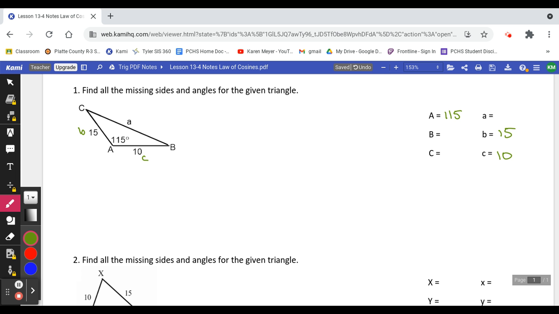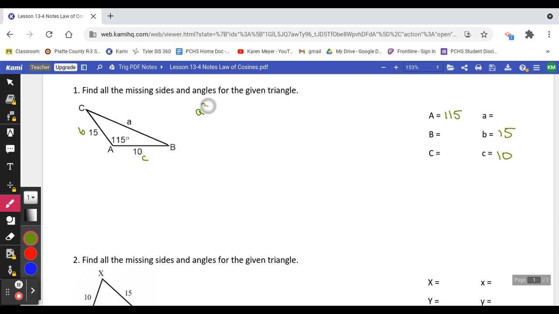Which law of cosines do I do first? If you're going to find an angle, that requires you to know all three sides. We do not know all three sides, so we must figure out little a first.